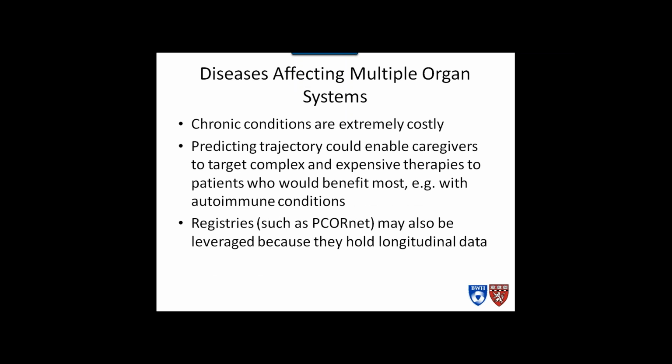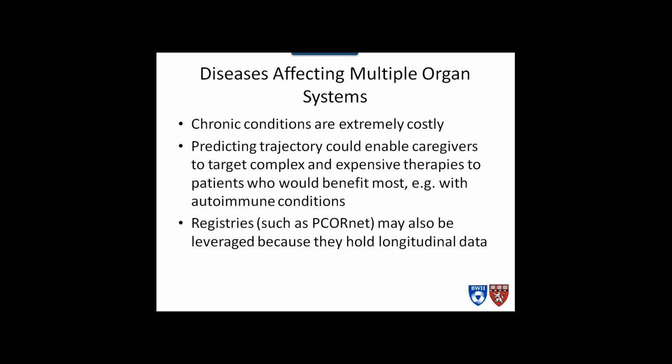Another issue is diseases affecting multiple organ systems, and chronic conditions in developed countries are extremely costly. They account for roughly 70% of total healthcare costs. If we could predict a patient's trajectory, that could enable caregivers to target some of the expensive therapies to those patients who might benefit the most. For example, some of those with autoimmune conditions.